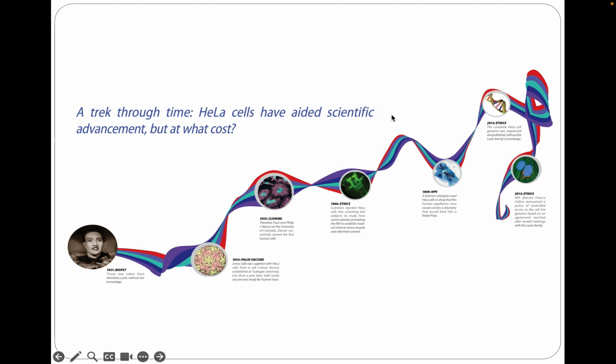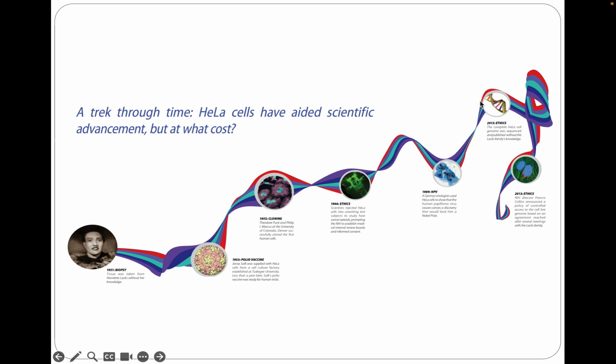So, like all things, we need to make sure that we pause to think about what we're doing in science and make sure that what we're doing is moral and just. So people make mistakes, but I'd like you all to pause and think about the cost to Henrietta Lacks and her family.